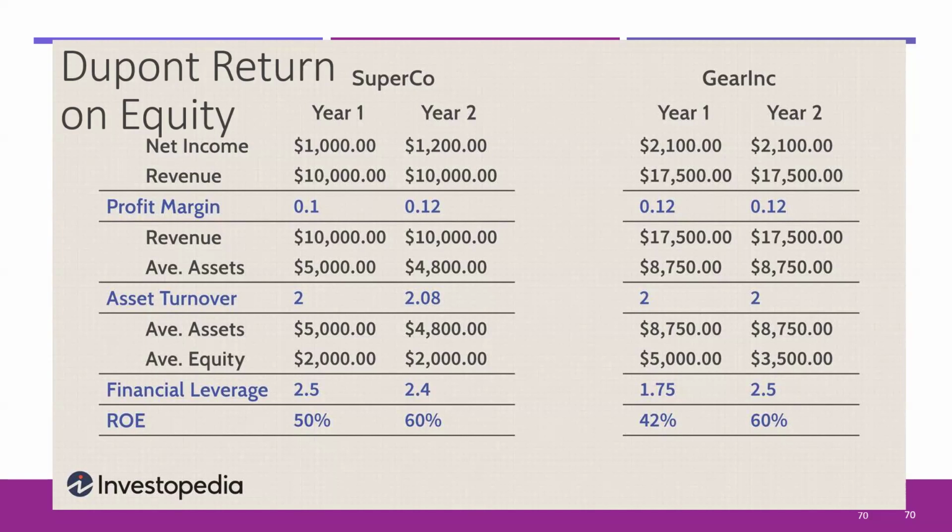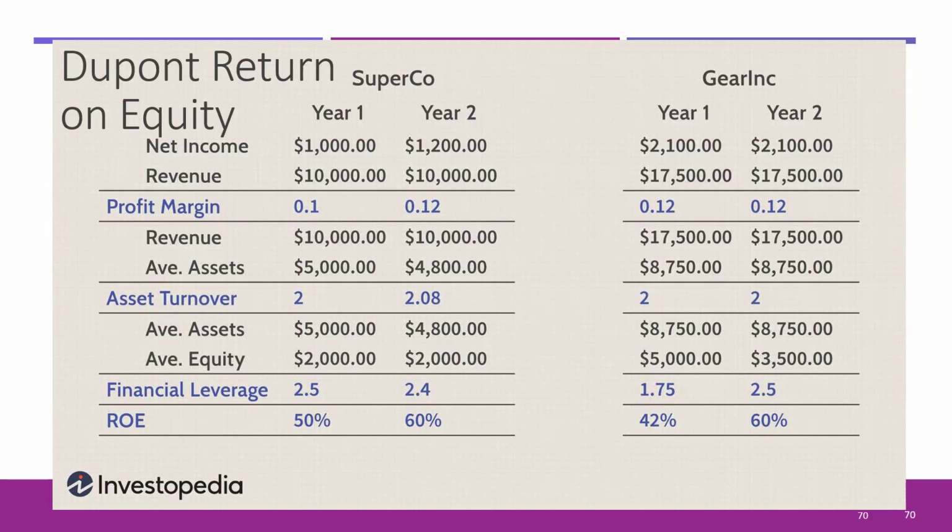For example, this also shows the effect of financial leverage on a business in a lot clearer way. So Gear Incorporated, year one return on equity was 42%, year two was 60%. Nothing about this business changed whatsoever, except equity decreased by 1,500 and assets remain the same. That means equity decreased by 1,500, debt increased by 1,500, and return on equity spikes from 42% to 60% because there's less equity in the business.